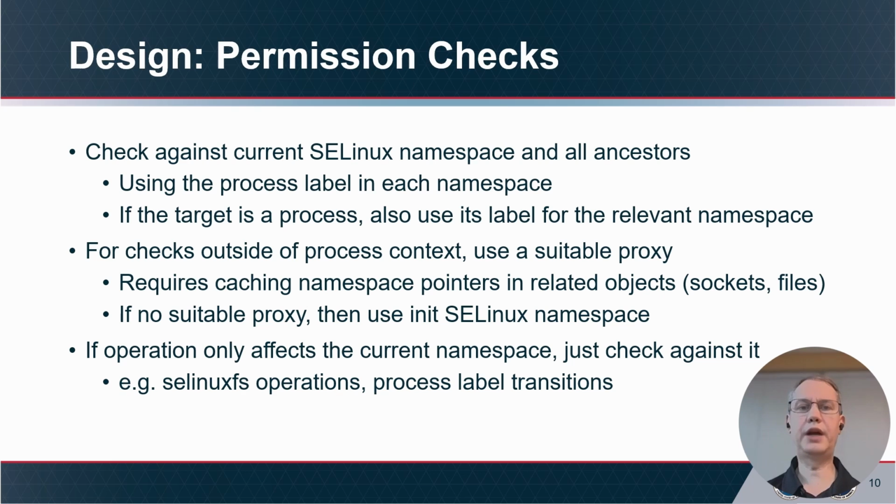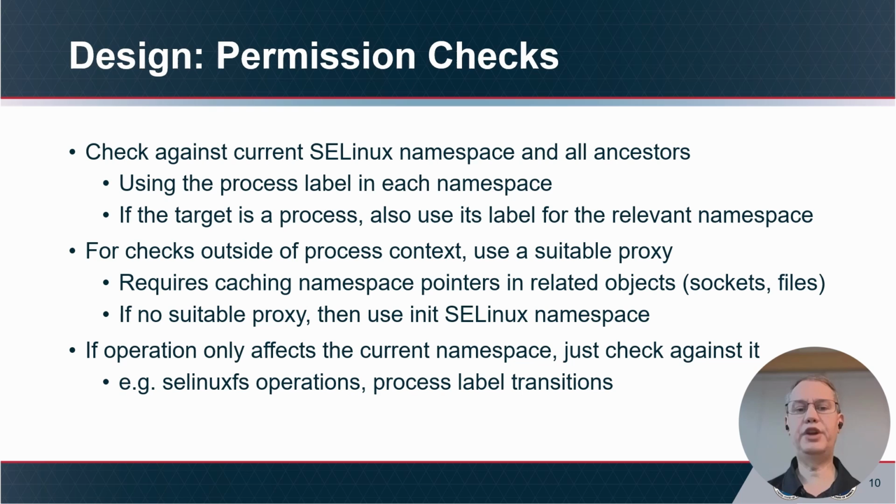If there's no suitable proxy at all, then ultimately it's necessary to fall back to using the initial SELinux namespace defined by the host operating system. This is rarely needed, however, and only really applies for cases such as packet forwarding checks, where there's no other namespace information available.